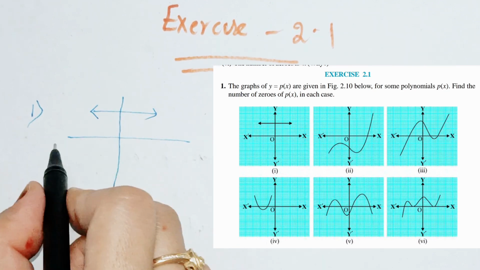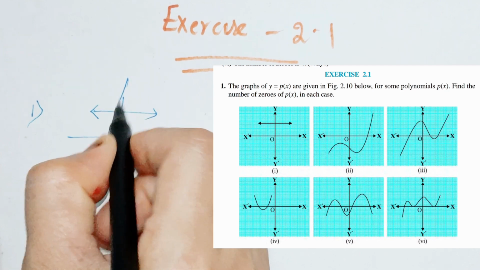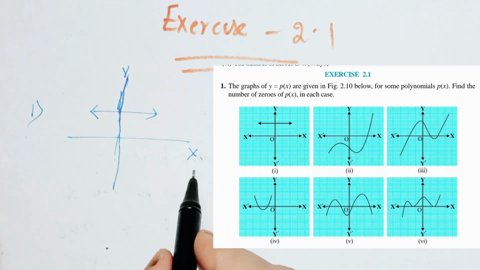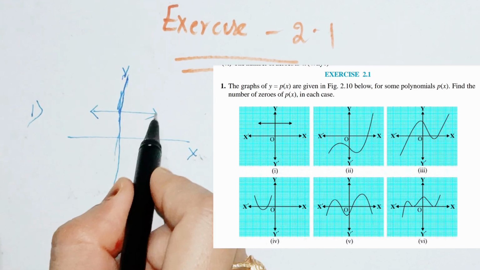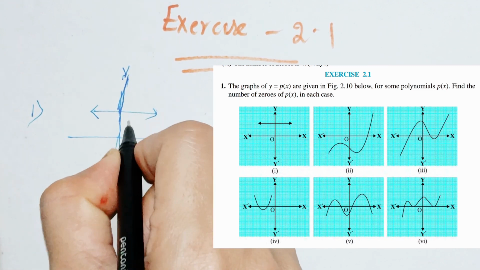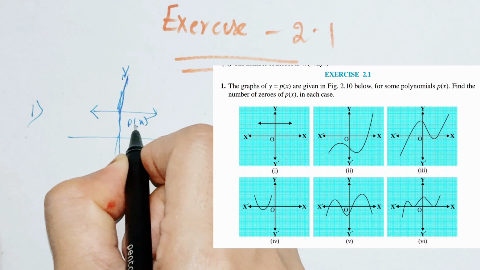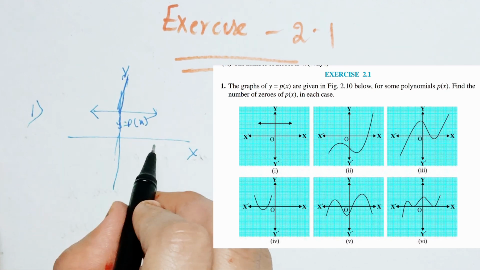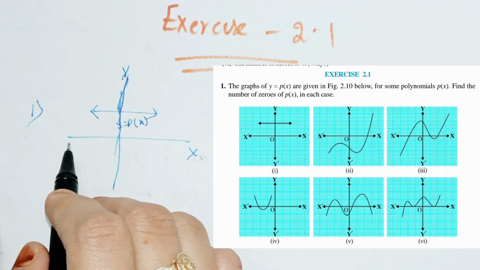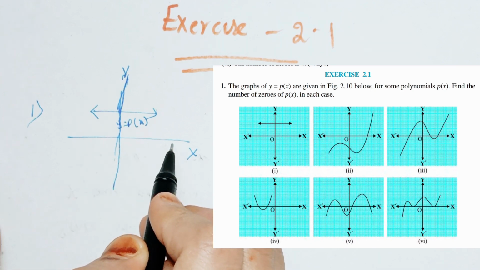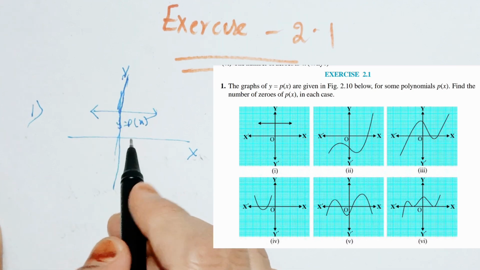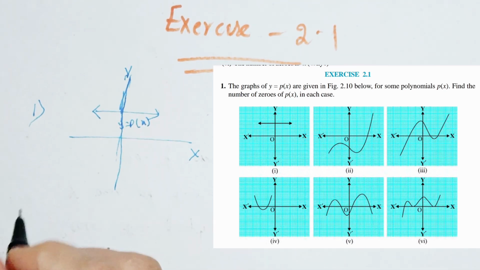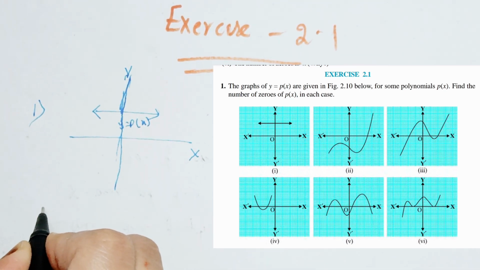This is the x-axis and this is the y-axis, and this is the polynomial, y equal to p(x). This polynomial is not touching the x-axis. So the number of zeros for this polynomial is 0. You may write it down like this.